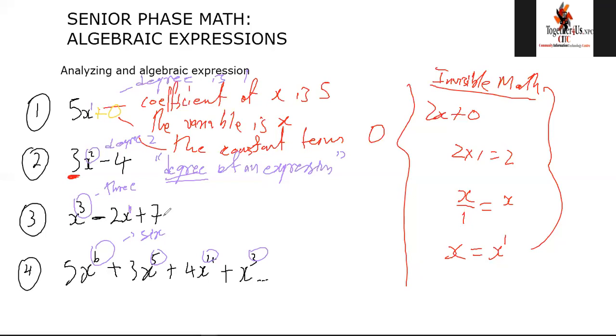That is one important thing that you must take from this. Now, if there are 3 terms, it is a special polynomial called a trinomial. If there are 2 terms, it's a binomial, and if there's 1 term, we call it a monomial.